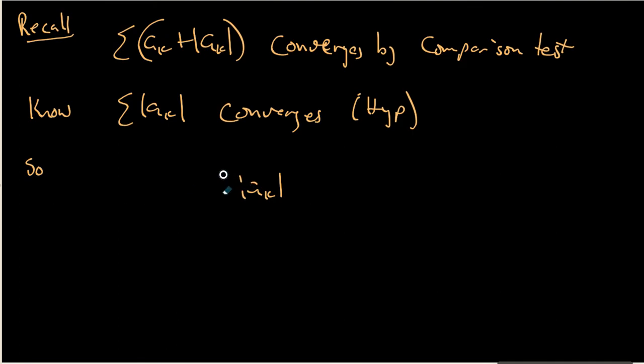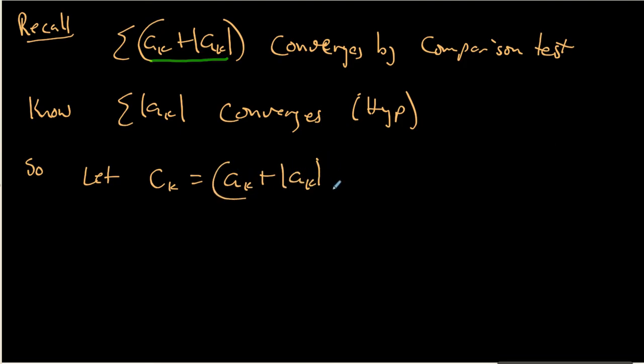These will come back in just a minute, but I want to make it real clear. We are going to let CK equal these terms, AK plus absolute value of AK, minus those terms.